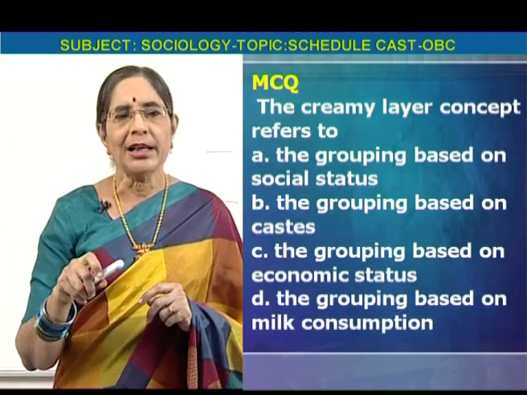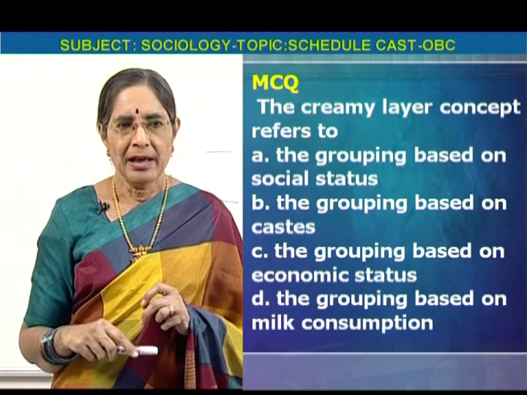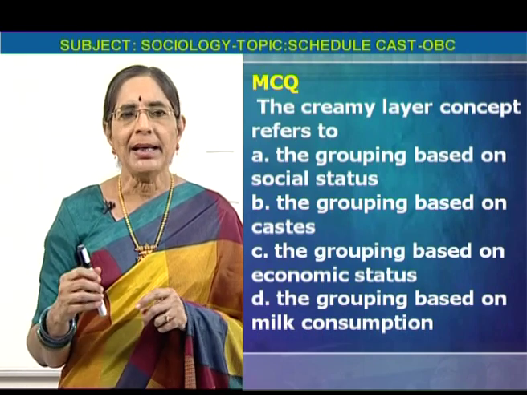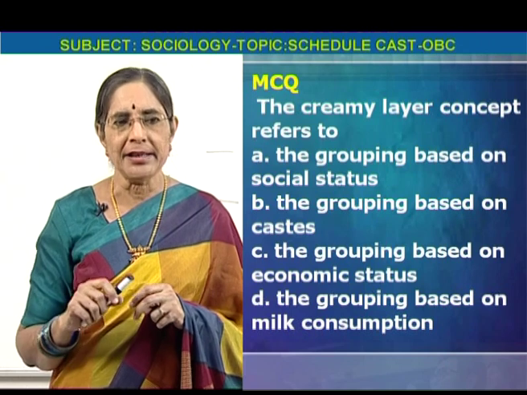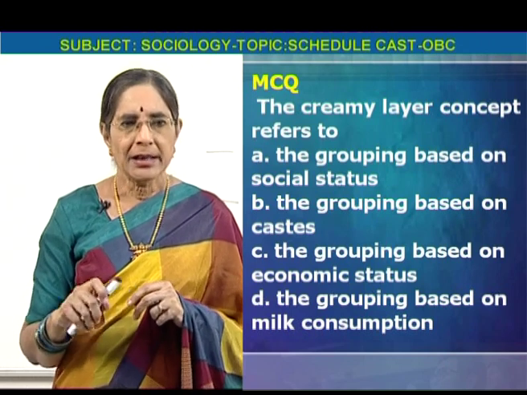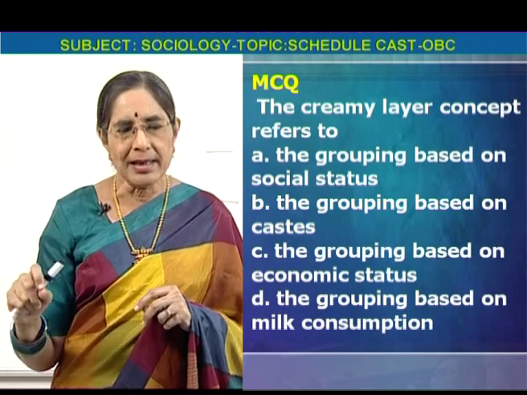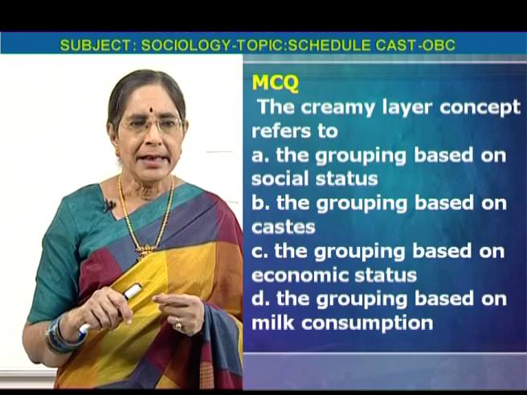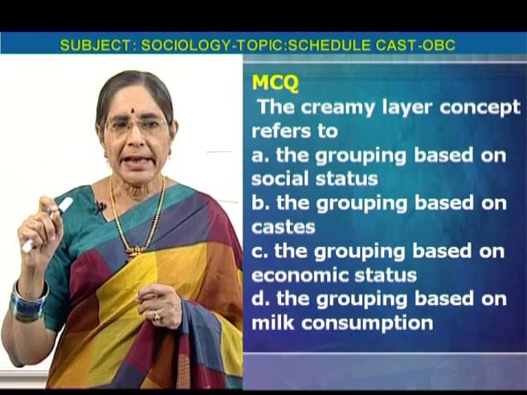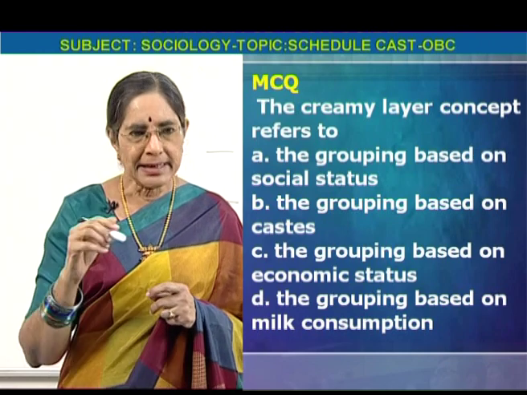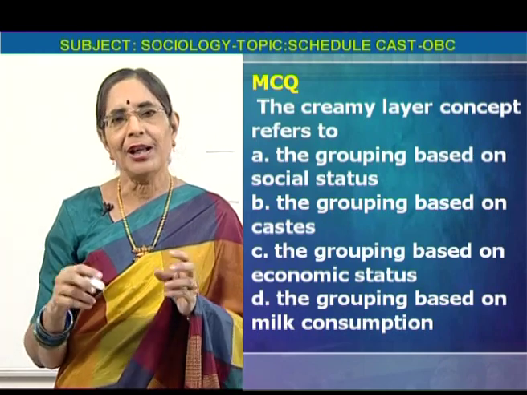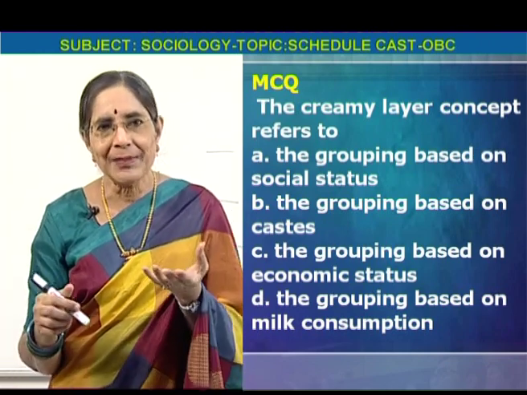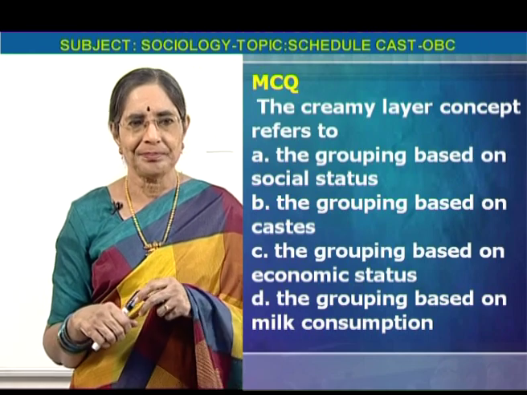The creamy layer concept refers to: answer A, the grouping based on social status; answer B, the grouping based on castes; answer C, the grouping based on economic status; and answer D, the grouping based on milk consumption. Cream is related to milk, isn't it?